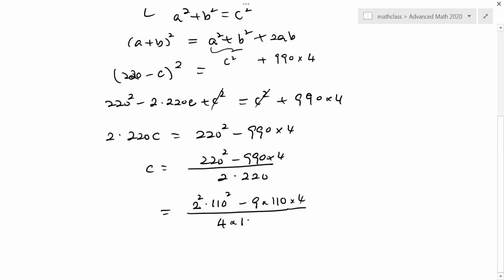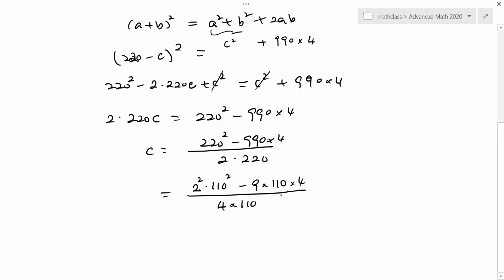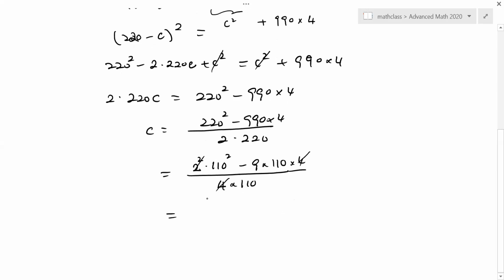Then you will see that the 4 will be canceled out, and also you cancel out 110. That is how we simplify.